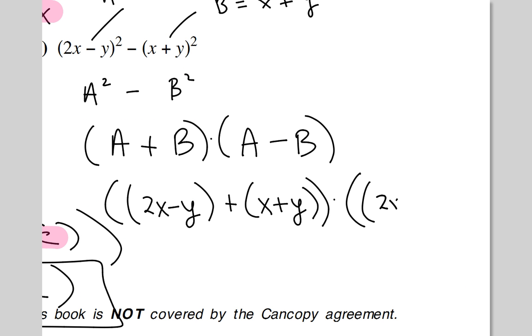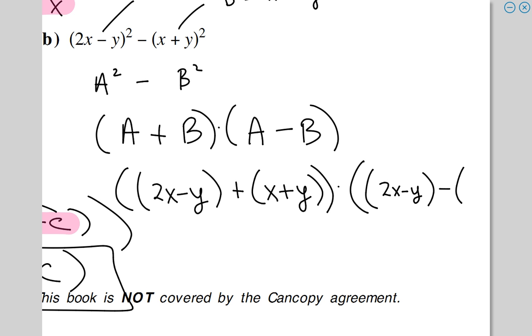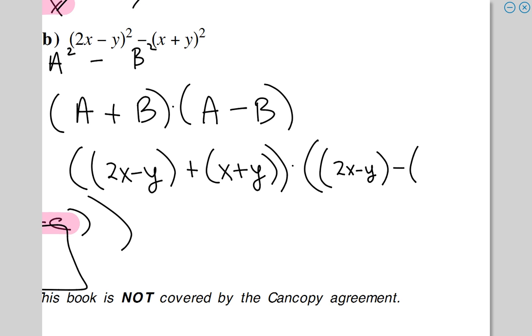Okay, 2x minus y minus, running out of space here, minus x plus y bracket bracket. So we have an a plus b, we have an a minus b. Now we can go into further simplifications. 2x and x make, and a minus y and a plus y go away.